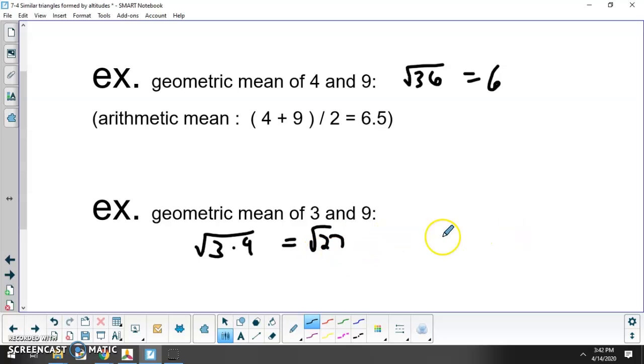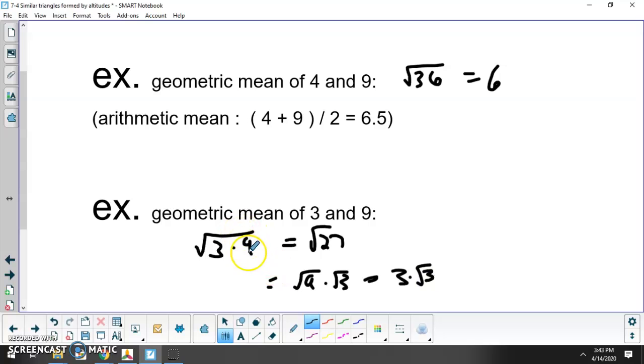You could approximate it with a decimal in your calculator, or, if you notice 9 is a perfect square, you could think of it as two square roots, the square root of 9 times the square root of 3, and simplify the square root of 27 as 3 times the square root of 3.